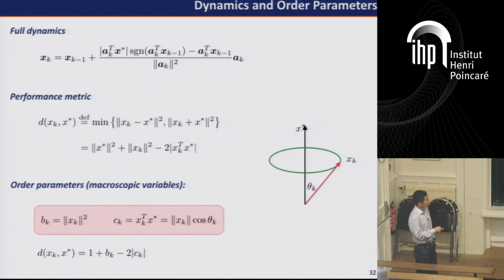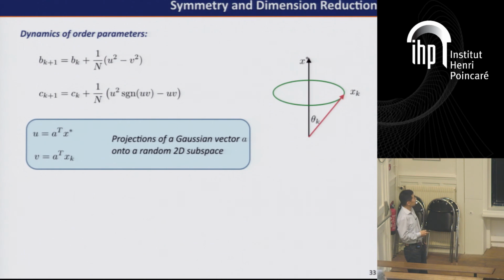Or geometrically, you don't really care about where your point is. You care about the angle made between your current vector and the true signal, and the length of the current vector. So we call these two quantities b_k and c_k, where b_k is the squared norm and c_k is the inner product. These are the quantities that we actually care about. And we can try to write out the dynamics linking the evolution of b_k and c_k.